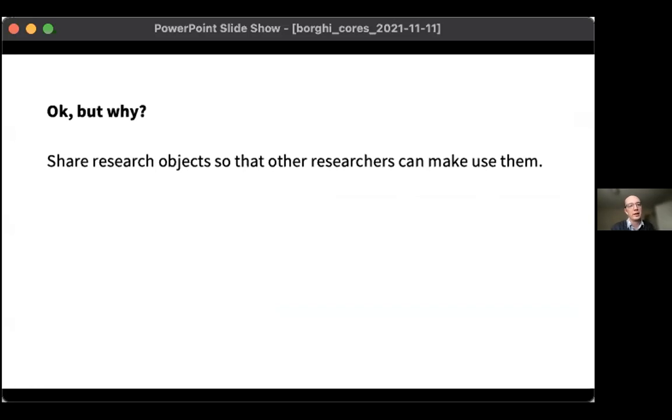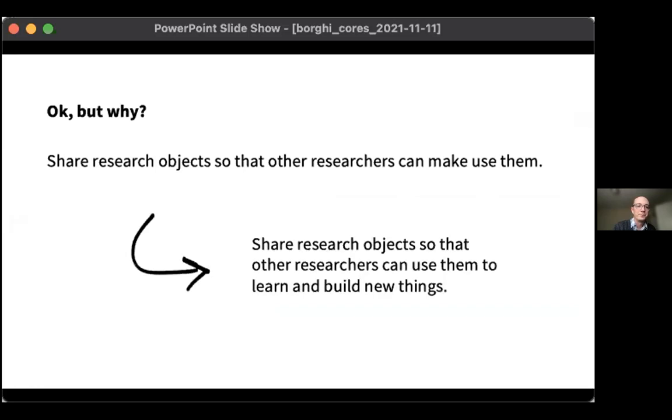Another reason, and I hinted at this before as I was giving our example at the beginning, is that other researchers can make use of research objects. If you create a really interesting and useful protocol for something and you make that available, then other researchers can pick that up and use it. If you create stimuli that other people want to use, it's really helpful to just give it to them or make them available.